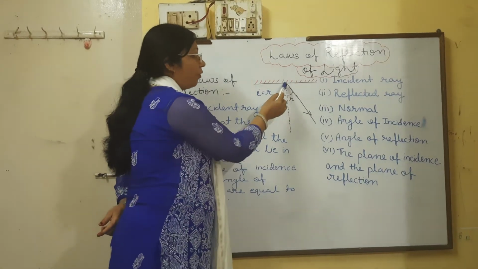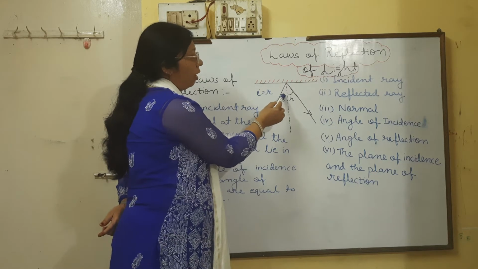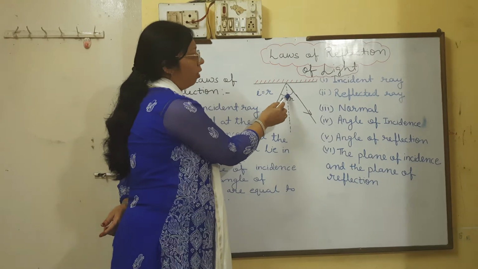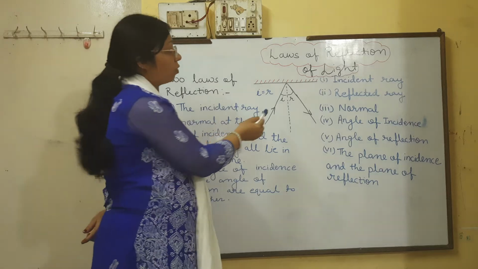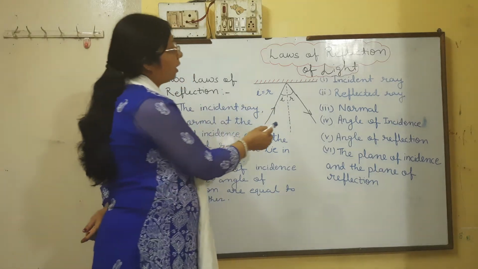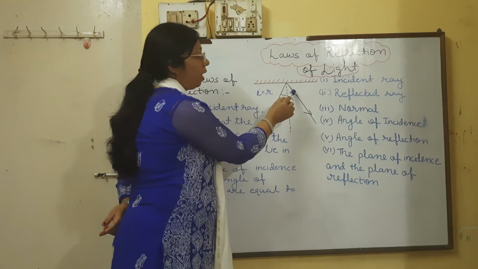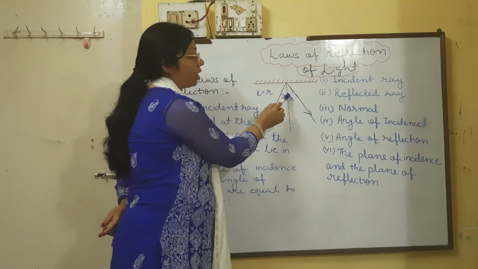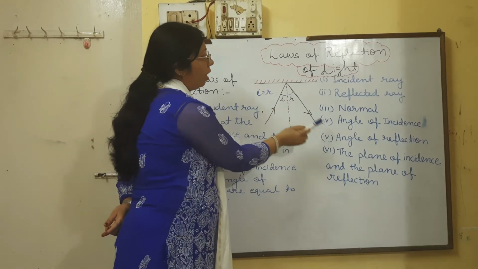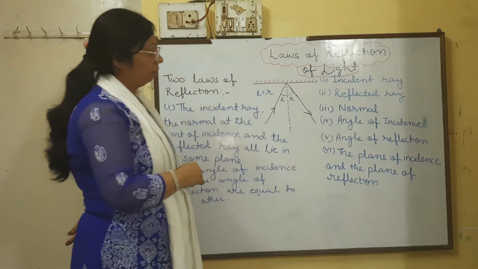The incident ray and the normal together make an angle, which is the angle of incidence, shown here by I. And this normal and the reflected ray make an angle which is known as the angle of reflection, which is R.